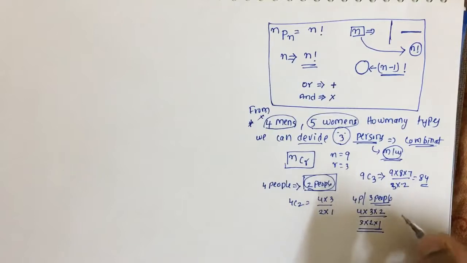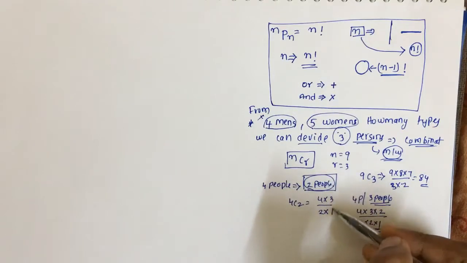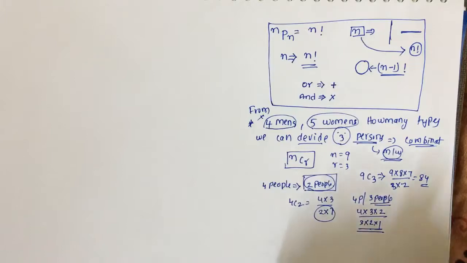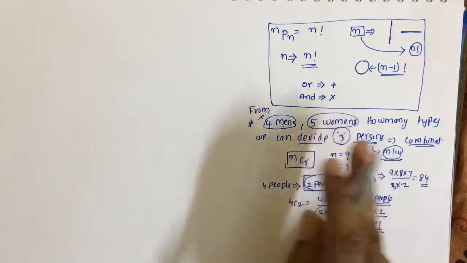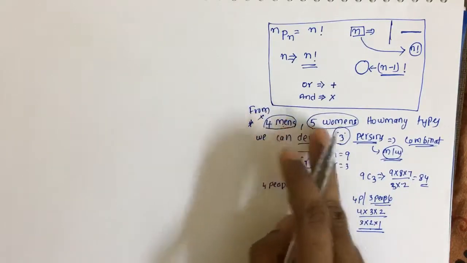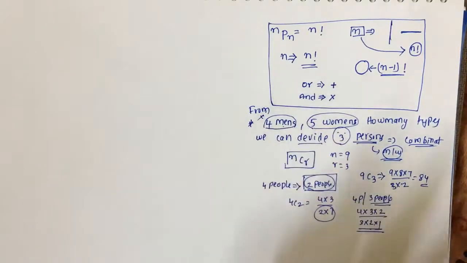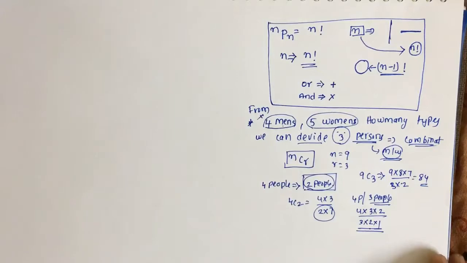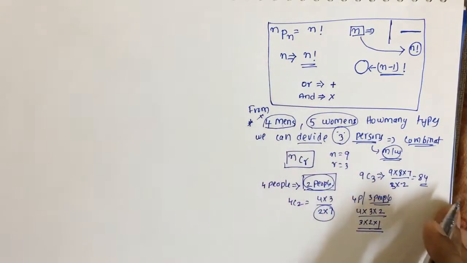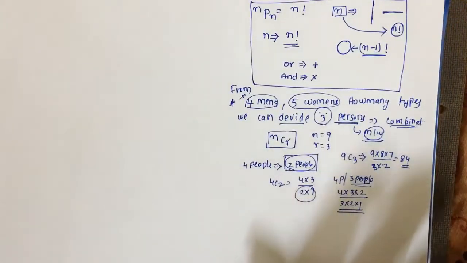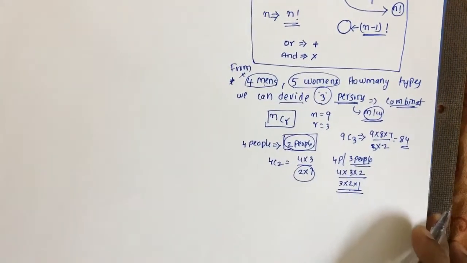So when they ask about people, you have to take everything: 3 people means 3 numbers will come in the denominator, 2 people means 2 numbers will come in the denominator. We can say 2 factorial, 3 factorial. But when they mention the sex, men and women, only 2 types we have, so 3 into 2. Okay, next, I hope this problem is clear. If this problem is not clear, you had better watch part 1, then come to this video, then it will be clear.